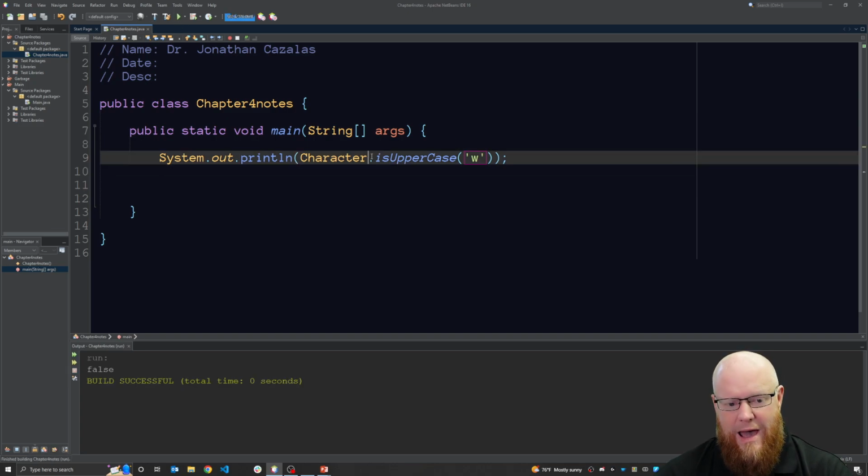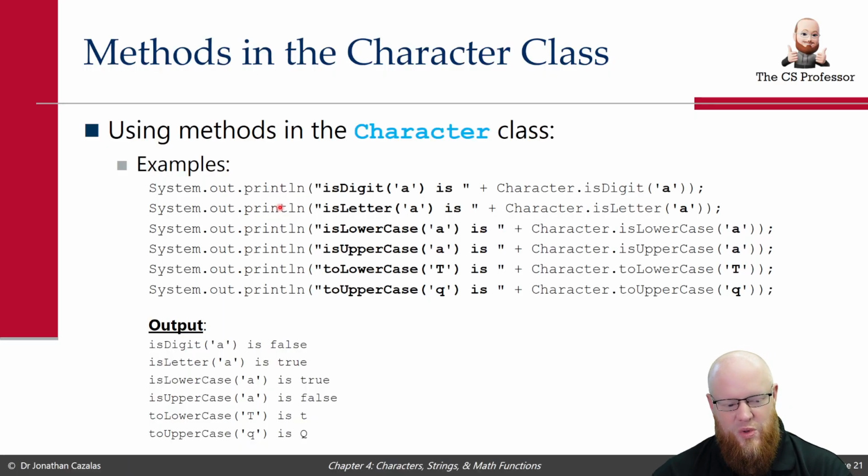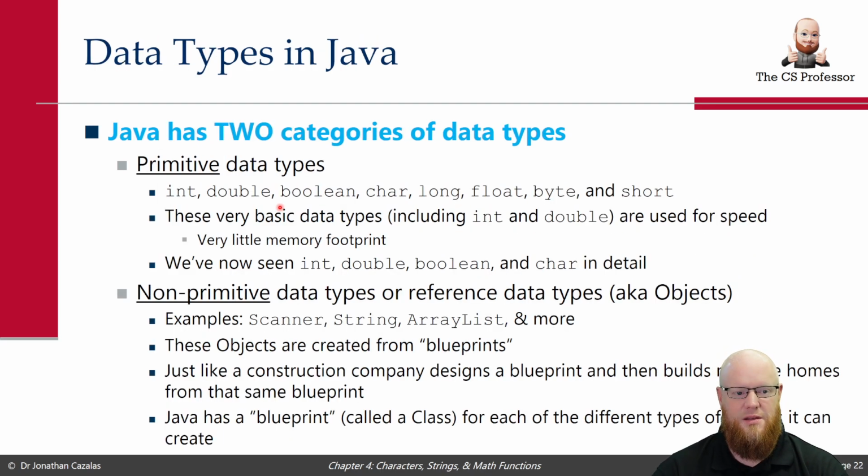So notice, how did we call this isUpperCase method? We called it by saying, hey Java, I want to access this cool method isUpperCase inside your Character class that you provide for us. And then we send over to that method a parameter, in this case, a lowercase w. If I put in a capital G, this will print true because clearly that is an uppercase letter. We can check uppercase, lowercase, digit, letter, and many, many other things.